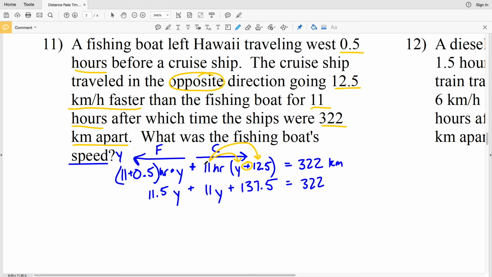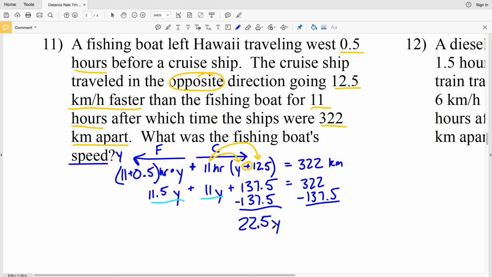My next step, I'm going to combine the like terms on the left-hand side, and at the same time, I'm going to subtract 137.5 from both sides. 11.5y plus 11y is going to be 22.5y. 137.5 minus 137.5 is 0.